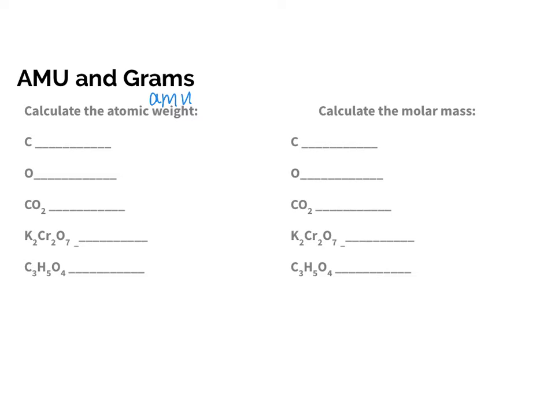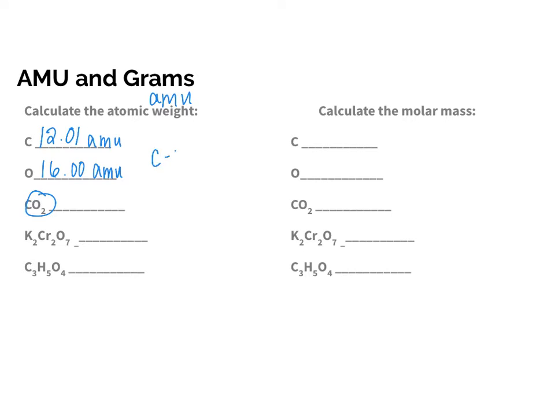So what I'm going to do is look at the atomic mass on my periodic table. If you look at your periodic table, you'll see that carbon is 12.01 AMU. Oxygen, 16.00 AMU. For a compound, remember that we have to add all of the atoms in that compound.